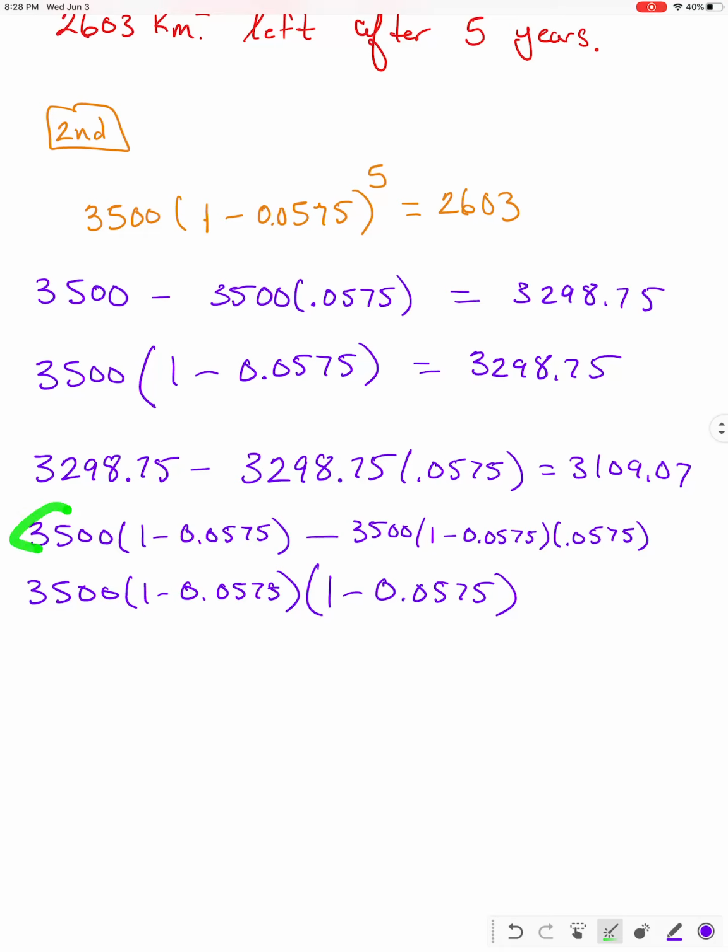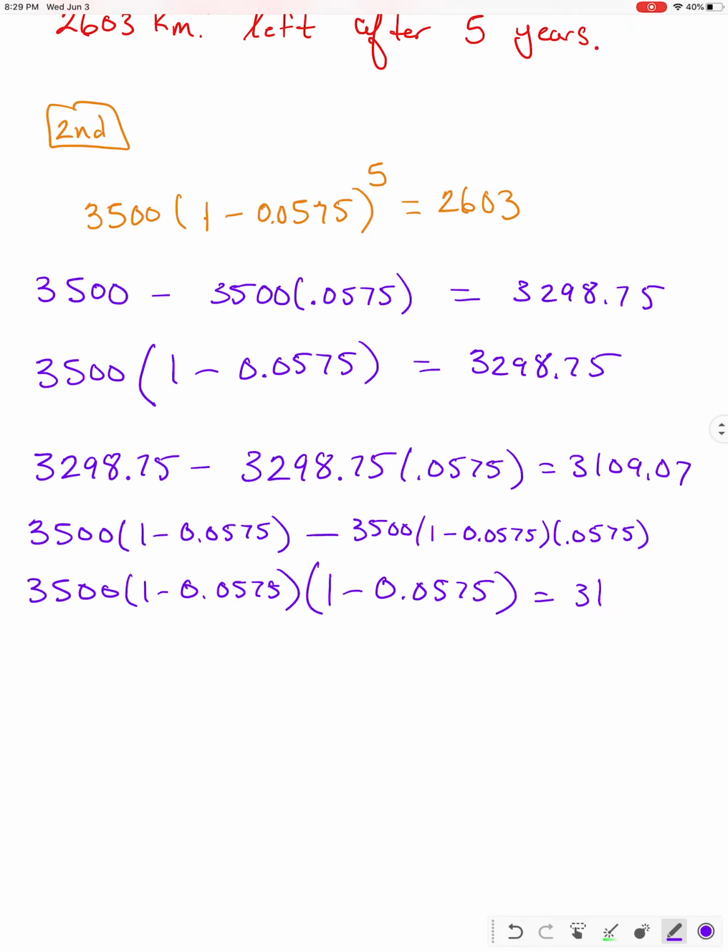Well, I factored this out of both terms. That's right here. And I'm left with multiplying by, there would be a 1 for this spot when I factored out, then this minus, and then that is right there. And this is equal to 3,109.07. And I got that from up above here.